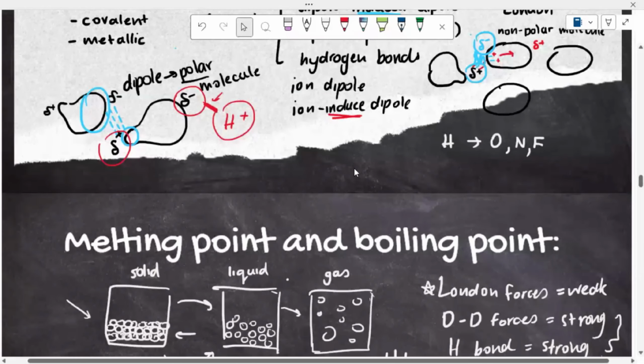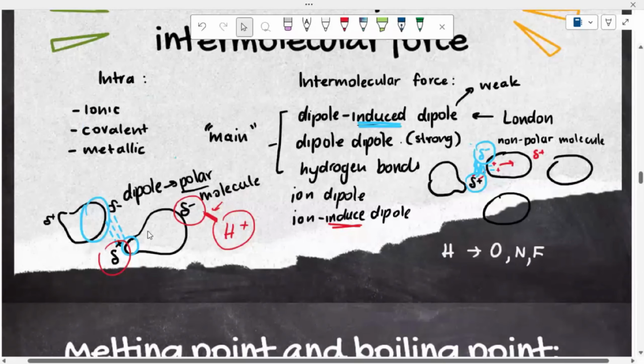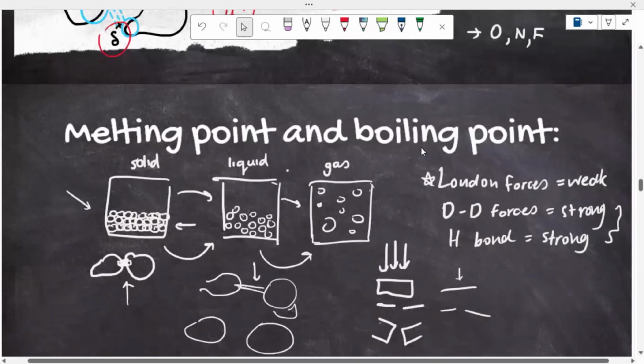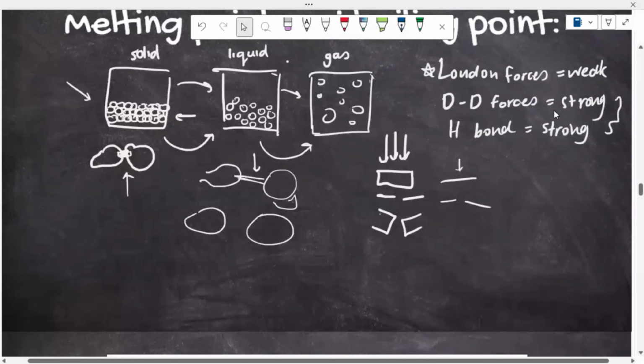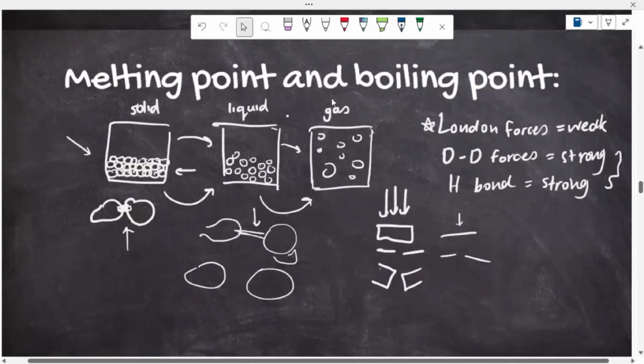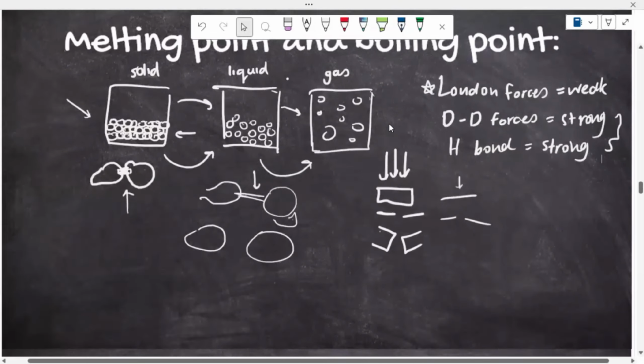And then from there, you need to think, okay, if it is polar, then what type of forces are happening? And if it's this force, then it's most likely strong, and therefore it has a relatively high melting point because it requires a lot of energy to break that bond, right? So you have to draw on a lot of knowledge for questions like that, but it comes naturally. The more you do it, the easier it will get, right?